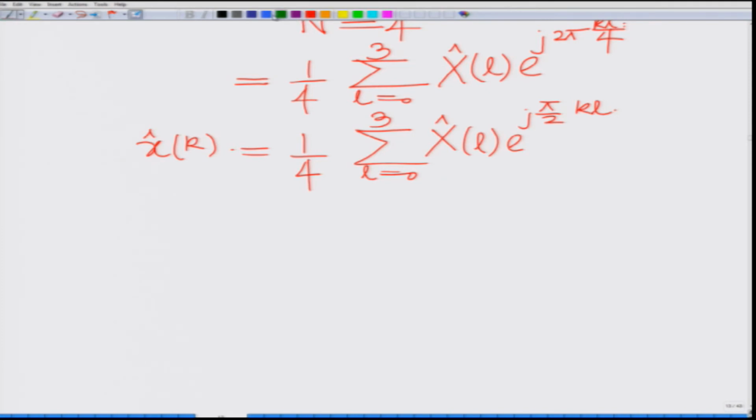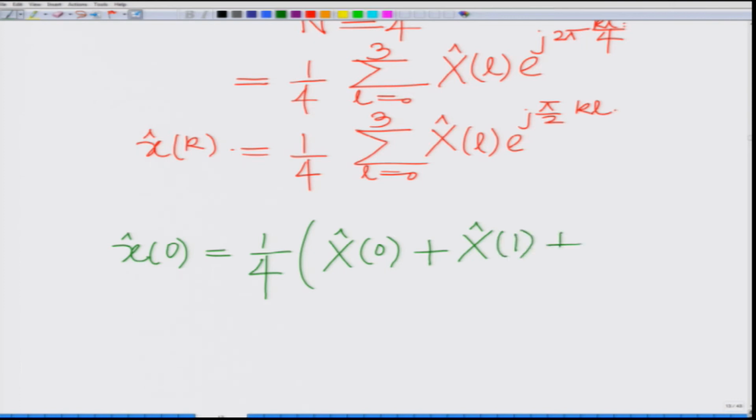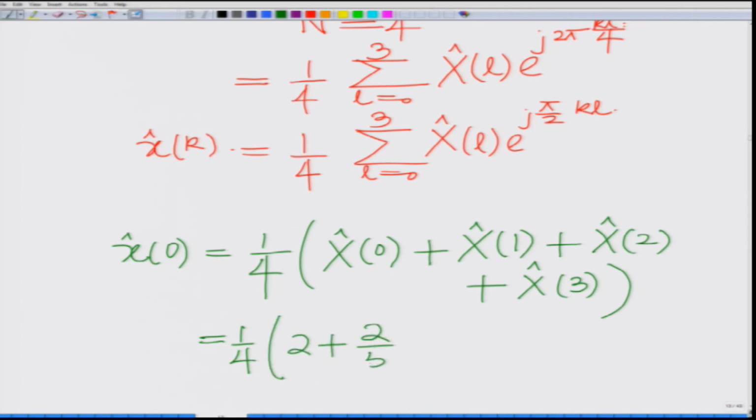Okay. And therefore, now let us compute the estimate of the symbol 0, small x hat of 0, you can simply see is 1 over 4 times capital X hat of 0 plus capital X hat of 1 plus capital X hat of 2 plus capital X hat of 3, which is equal to 1 over 4 times 2 plus 2 by 5, correct, and therefore, this is equal to 1 over 4 into 12 by 5, which is equal to 3 by 5.